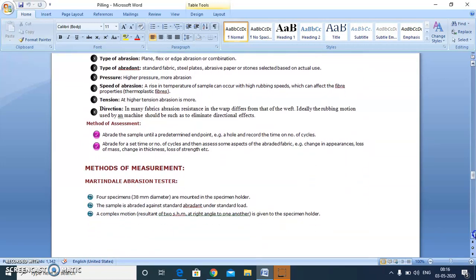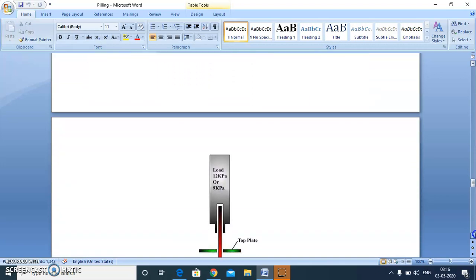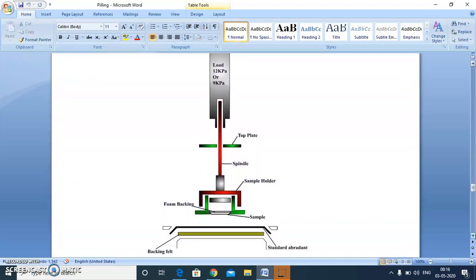Now we'll try to understand the working of the Martindale pilling and abrasion tester. One spindle is shown here, and here the load, two options are available: 12 kPa for abrasion and 9 kPa for pilling tester.